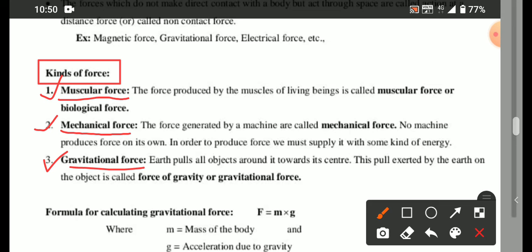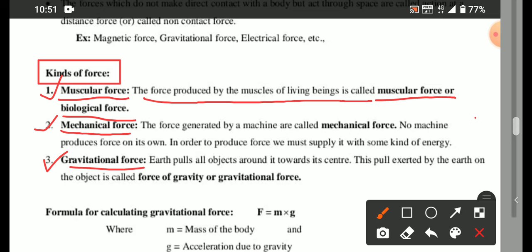The muscular force definition is: the force produced by the muscles of living beings is called muscular force or biological force. The force which is produced by our muscles, the muscles of a living being, is known as muscular force, or otherwise we can call it biological force also.